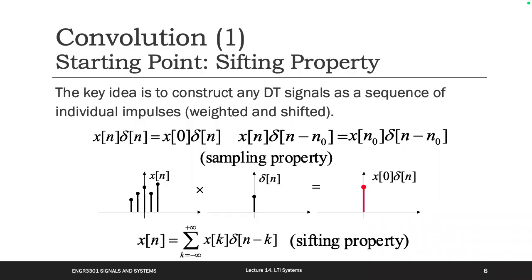That makes sense to you? Because k goes from negative infinity to -3, from -2 to 2, and from 3 to positive infinity. It's the same thing, you just separate it.